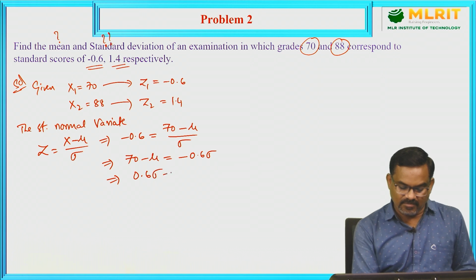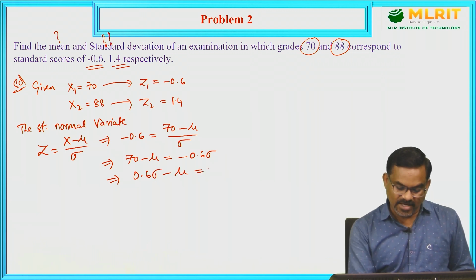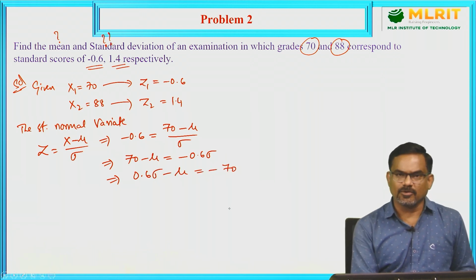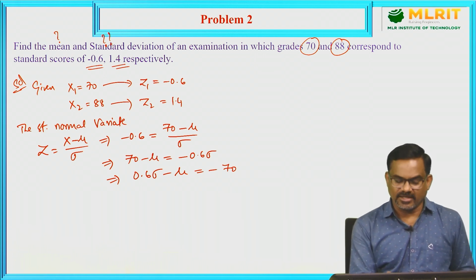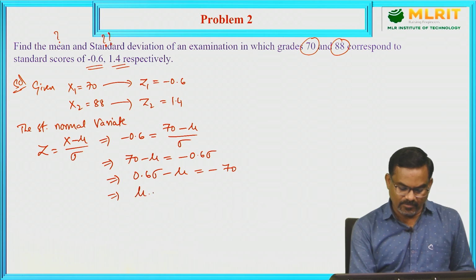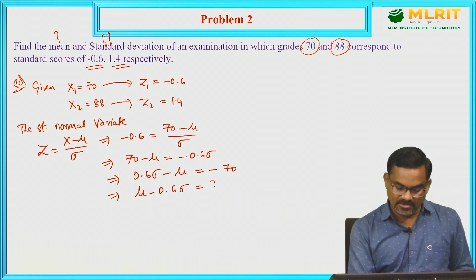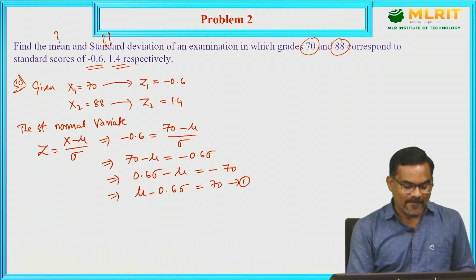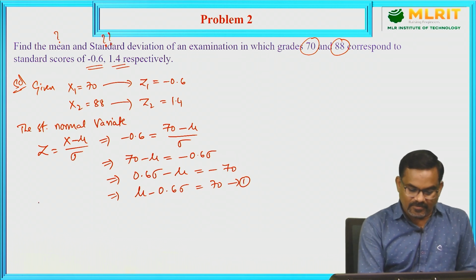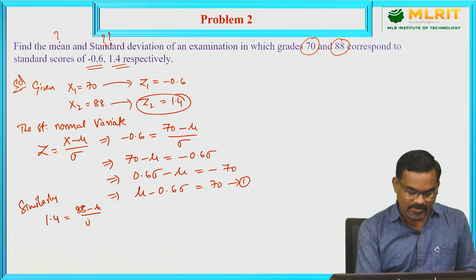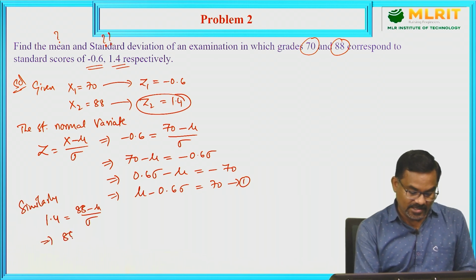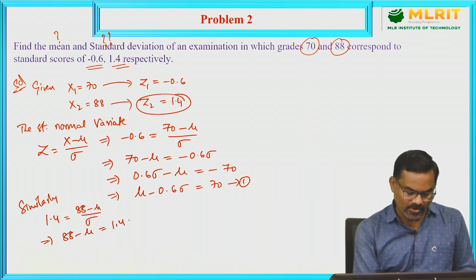Minus mu plus 0.6 sigma is minus 70. So this 0.6 sigma comes to the left side, and this 70 goes to the right side. So mu minus 0.6 sigma is 70, equation number 1. Similarly, for Z2 equal to 1.4, we have 88 minus mu by sigma, which results in 88 minus mu equal to 1.4 sigma.